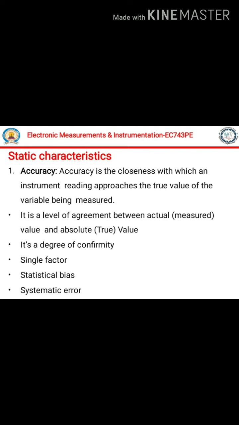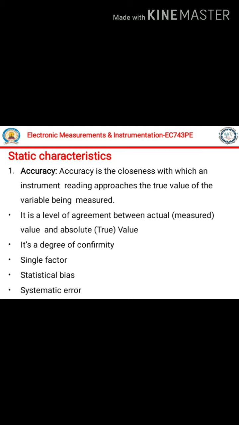So accuracy indicates the level of agreement between the true value and the measured value, and it is a conformity factor for an instrument. Accuracy is a statistical bias and a single factor. When defining accuracy, you use one measurement, and with the help of that single measurement, comparing with the true value, you define the accuracy of an instrument.